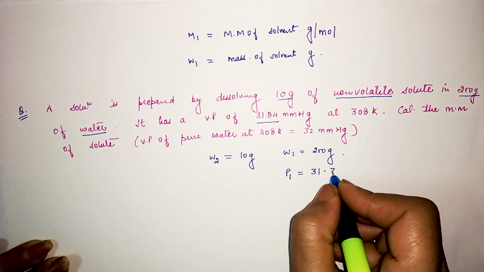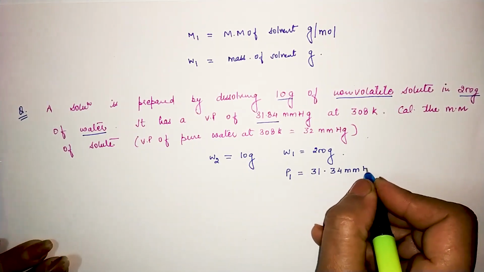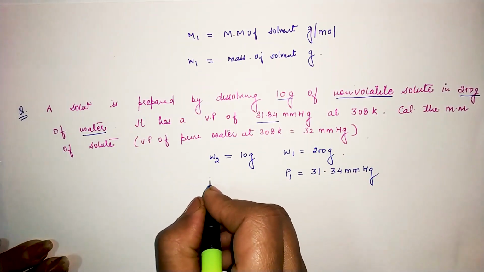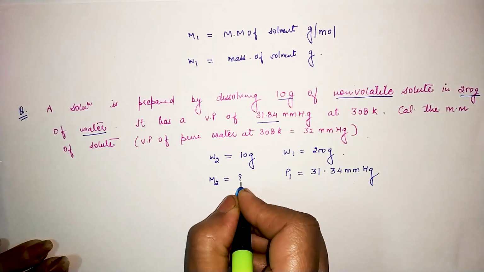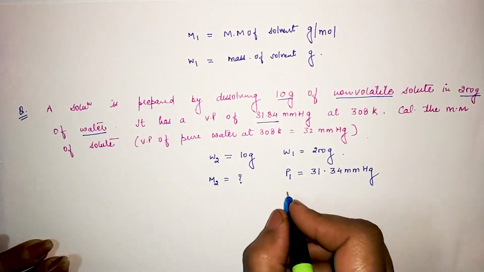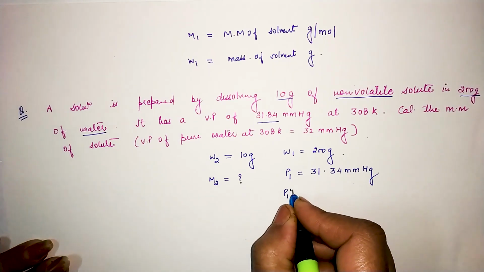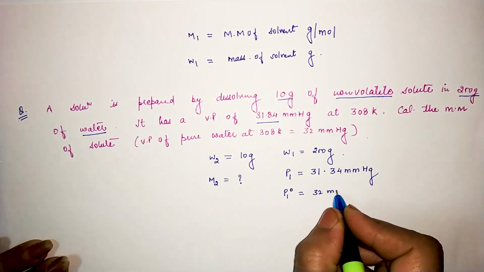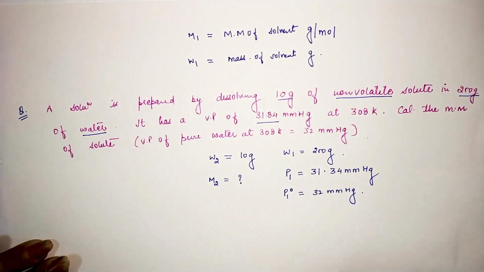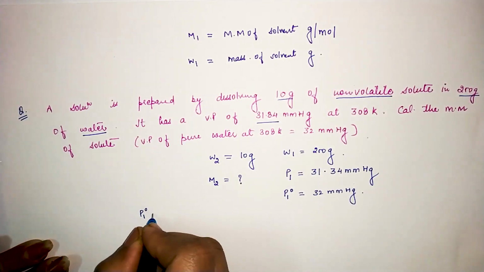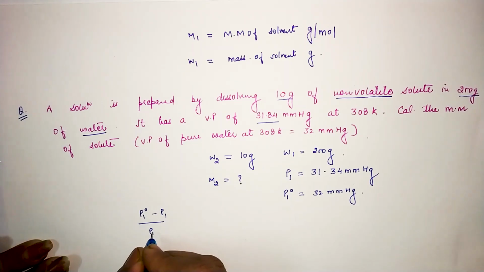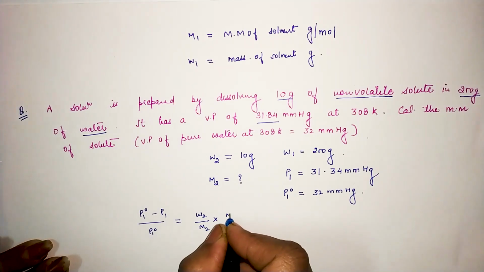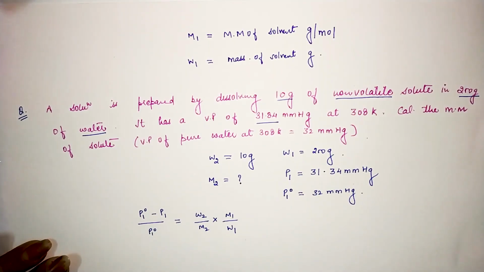In the question you have to calculate the molar mass of the solute, means M2 you have to find out. The vapor pressure of pure water means P1 naught, which is equal to 32 mmHg. Now we'll write our equation. P1 naught minus P1 upon P1 naught is equal to W2 upon M2 into M1 upon W1.